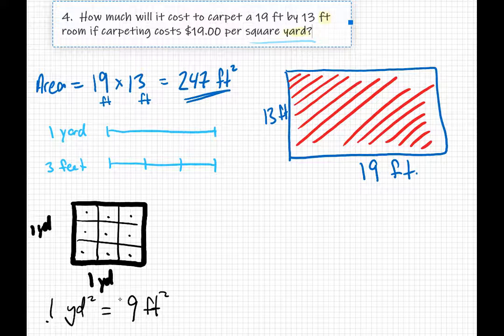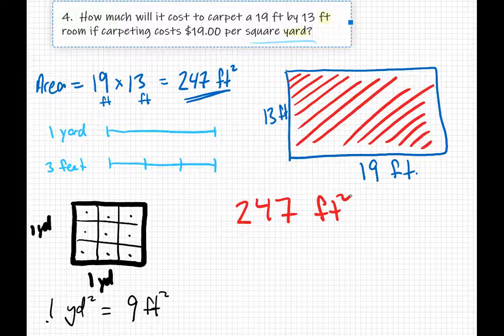Okay, so now we're buying the carpeting 1 square yard at a time, and each square yard is $19. So how many square yards do we need to buy, or how many $19 do we have to spend? Well, let's take our 247 square feet, and each square yard is 9 square feet.